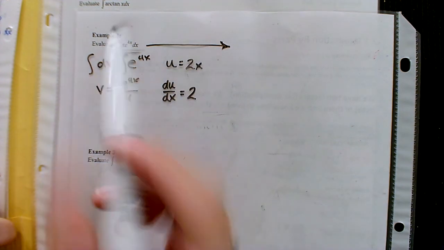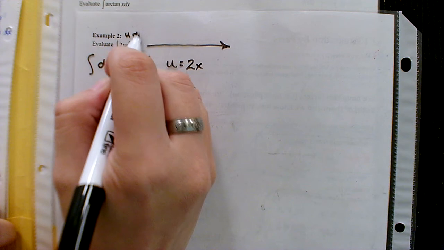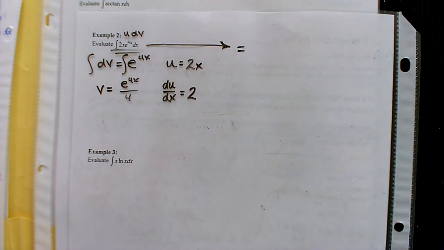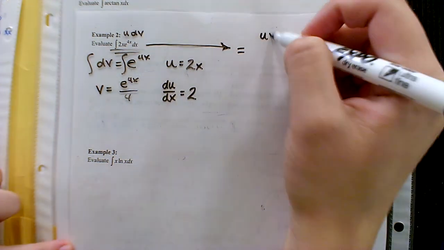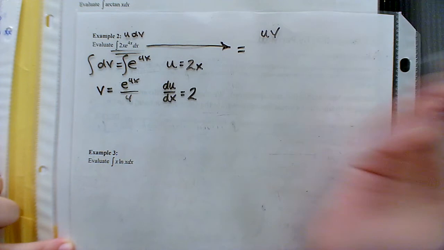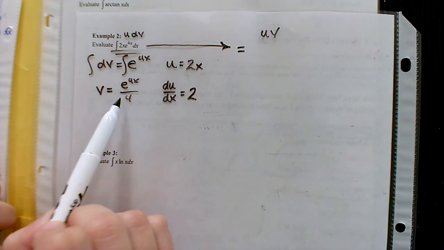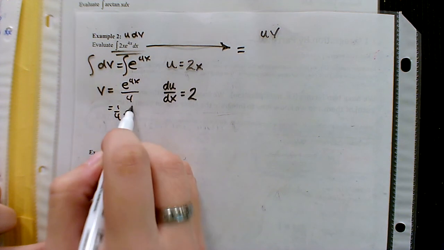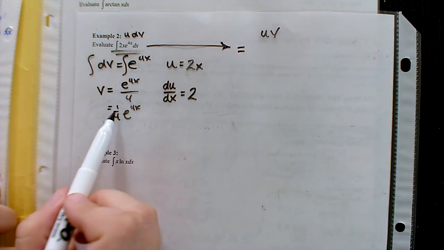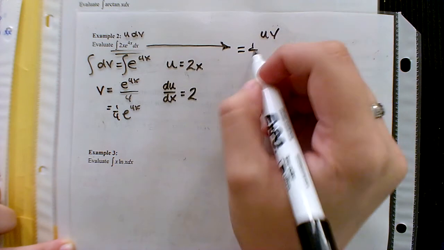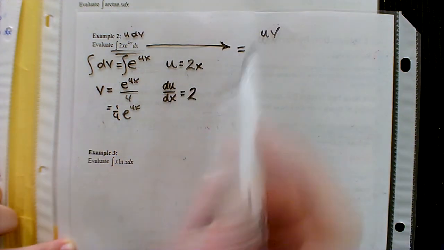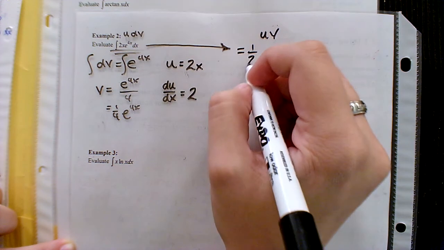So this original integral, which represents u and dv, is going to turn into the other side of that formula. So we have u times v, which would be 2x times this e to the 4x over 4. I'm going to go ahead and pull the division of 4 out front as a coefficient. So if we take 2x times 1/4 e to the 4x, the 2 and the 1/4 would change to a half.